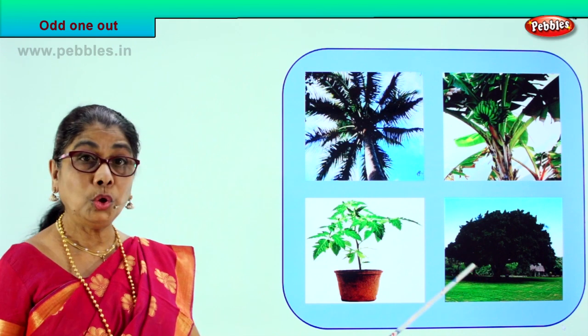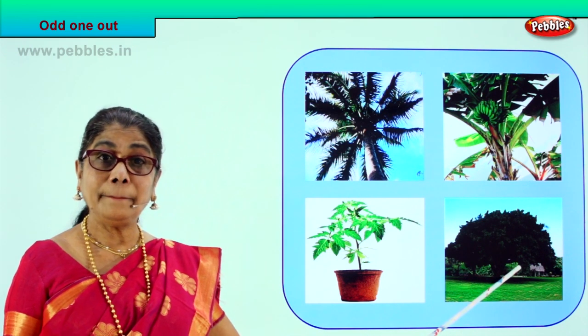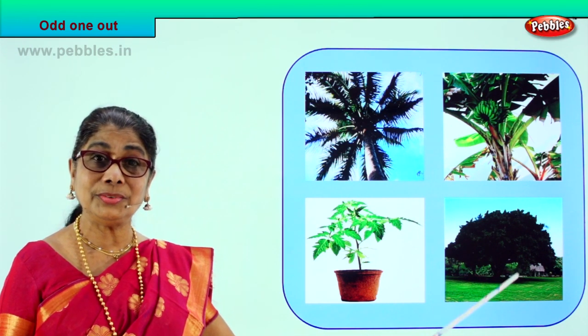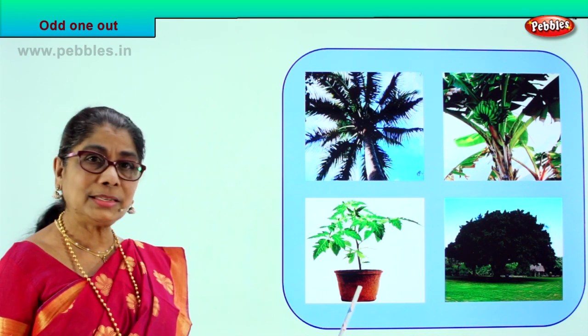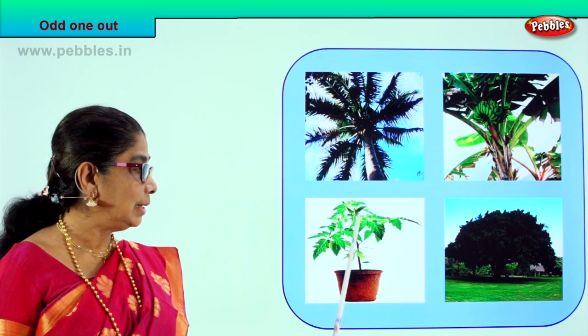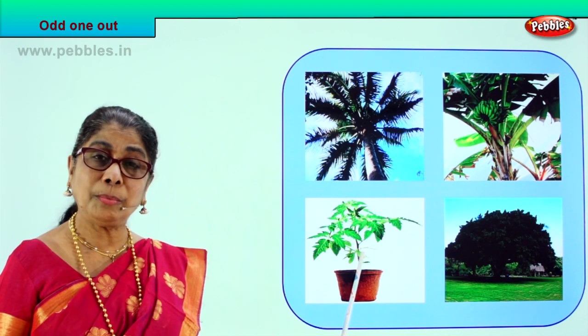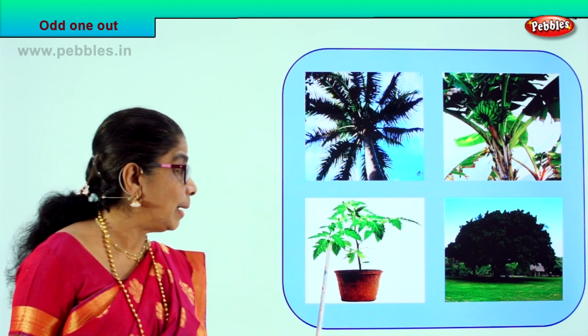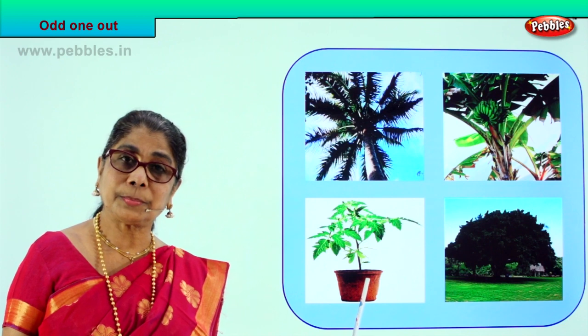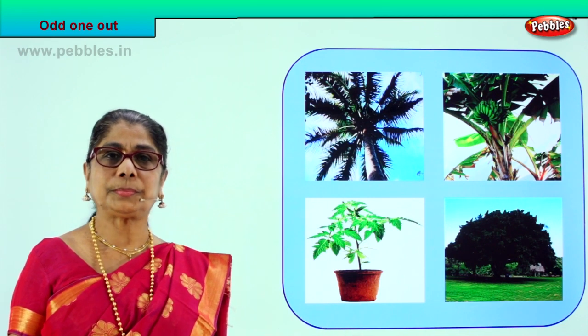And here's another huge round banyan tree. Very good. And what is this? There's a pot here. There's a tiny little tomato plant here. It's a tomato plant in a pot. Now look at all the pictures.